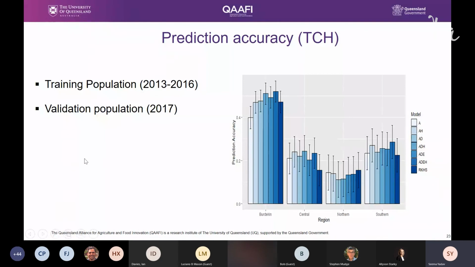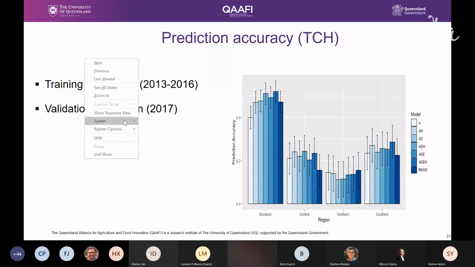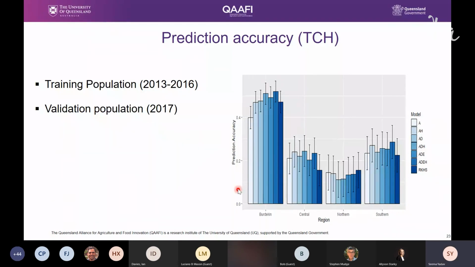So regardless of the region, whatever model we use, the full model where we use additive and non-additive effects predicts well. They predict better as compared to all other models in the TCH.